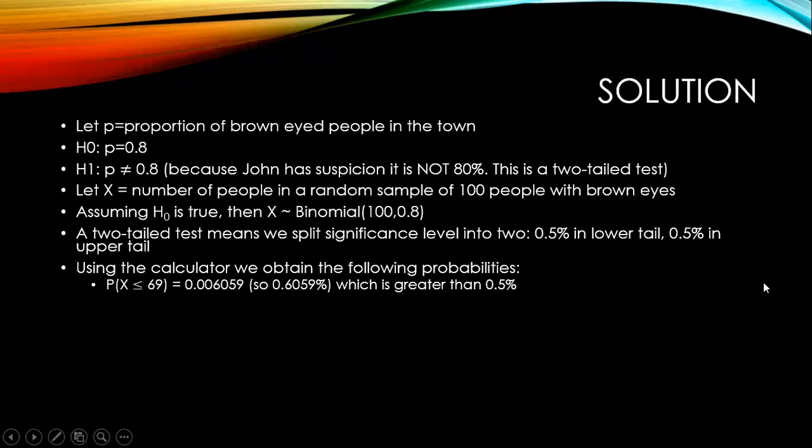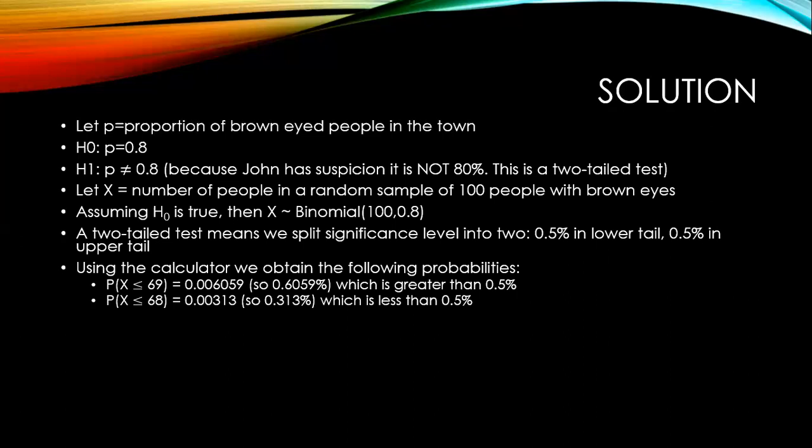We did this before on the previous slide, the same calculation. And this is greater than 0.5%. So we'd write that down on the exam paper. And then I'm going to write down this on the exam paper as well. The probability that we get less than or equal to 68 successes is 0.00313, so 0.313%, which is less than 0.5%.